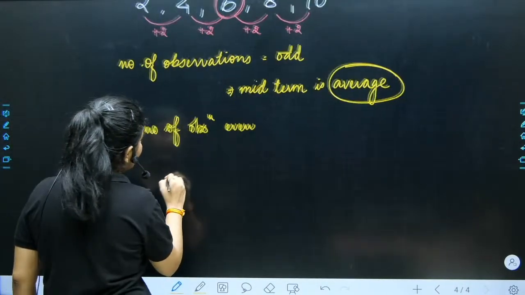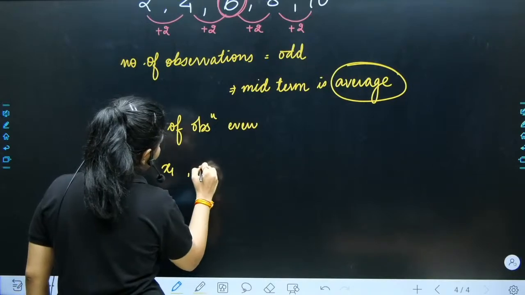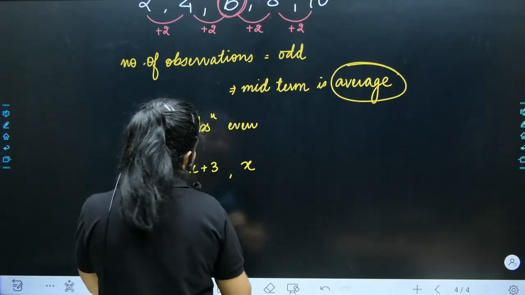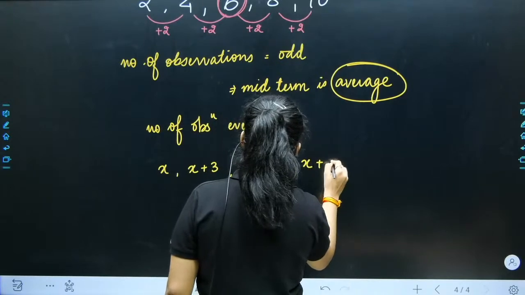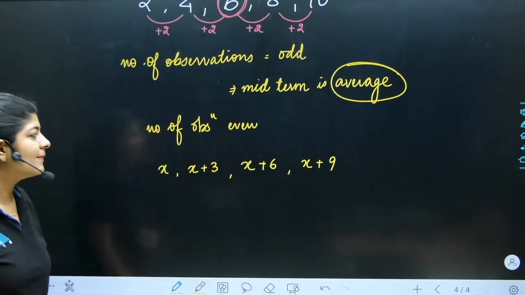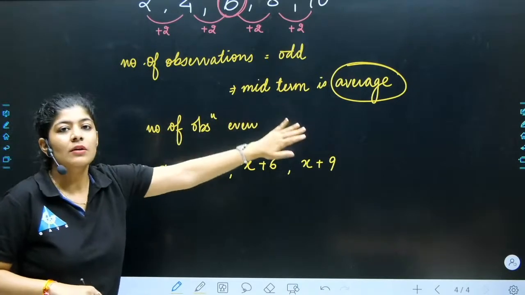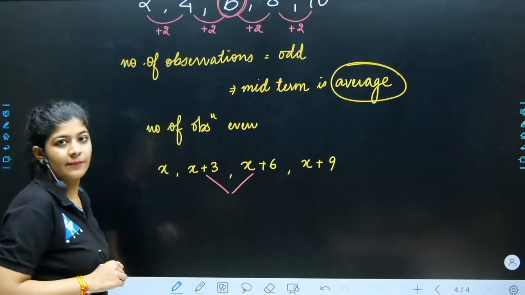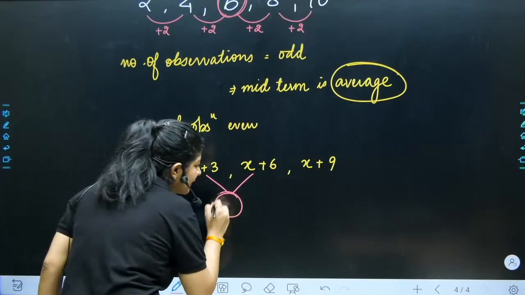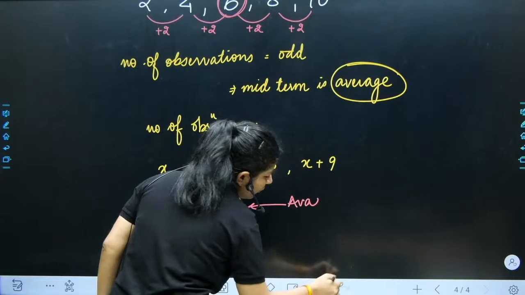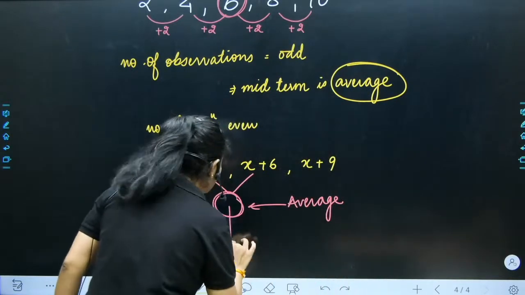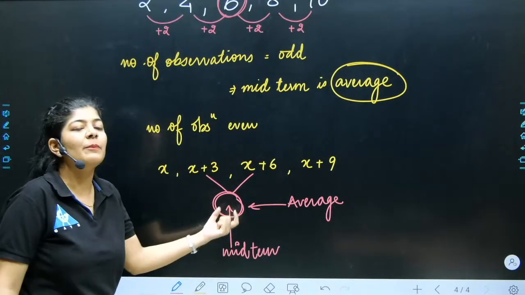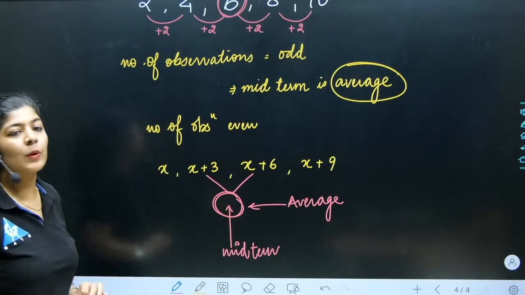Let's suppose I have x plus 3, x plus 6, x plus 9, and so on, and here we have an even number of observations. Then I have to find the middle term of these observations, and that value will become our average.